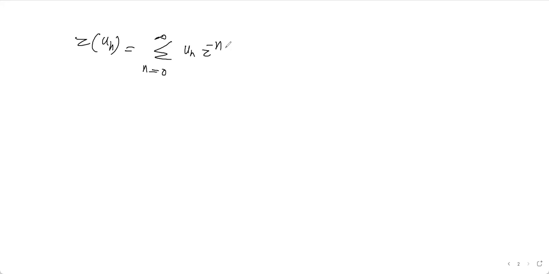Let us look at some of the common functions of Z transforms. We know that Z of un is equal to summation n is equal to 0 to infinity un Z to the power of minus n, right?